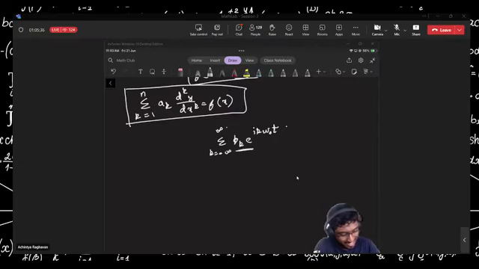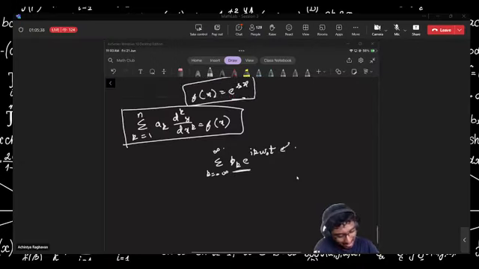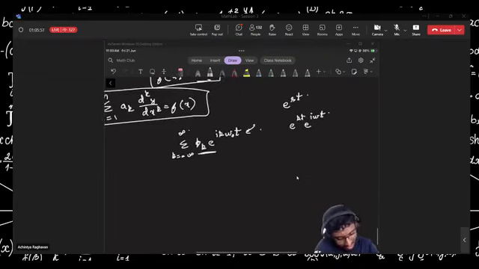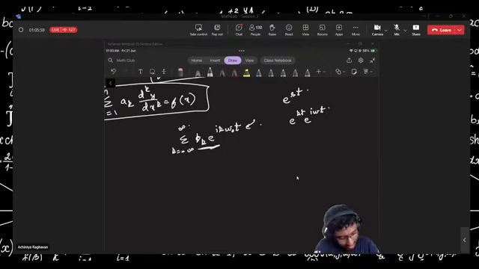Now, it seems we have downgraded the exponential, but remember the complex exponential is of the form e power st, and that is of the form e power some sigma plus e power i omega. And we have only taken the complex part. And yes, that's true. It's kind of a downgrade, but you'll see this actually turns out to be useful.